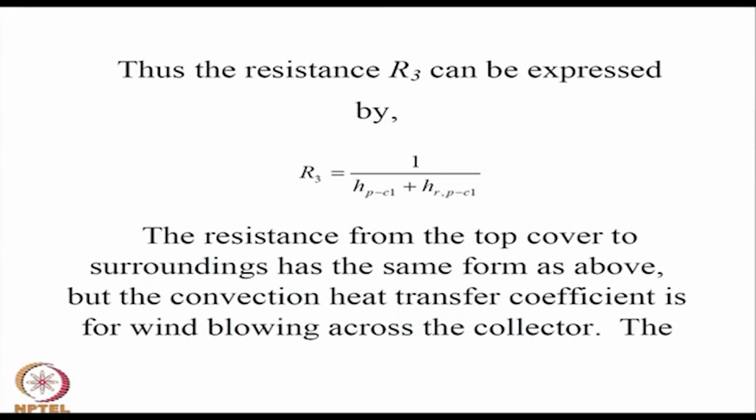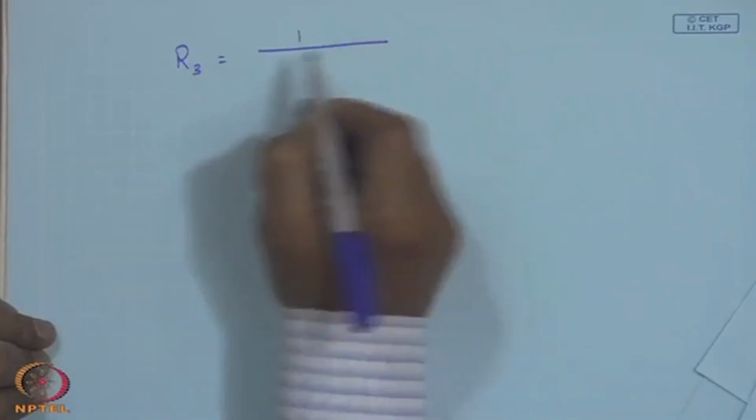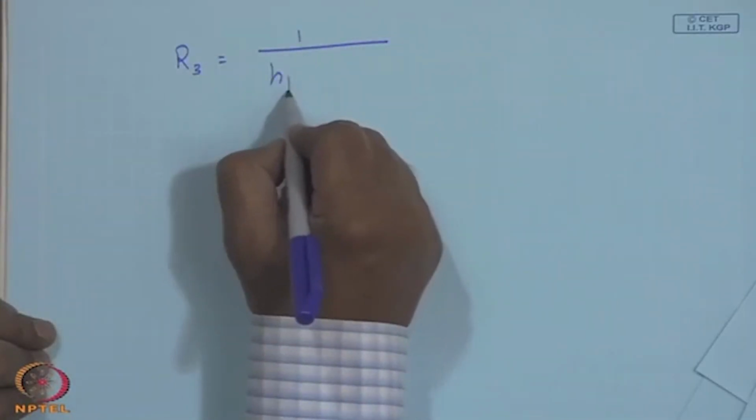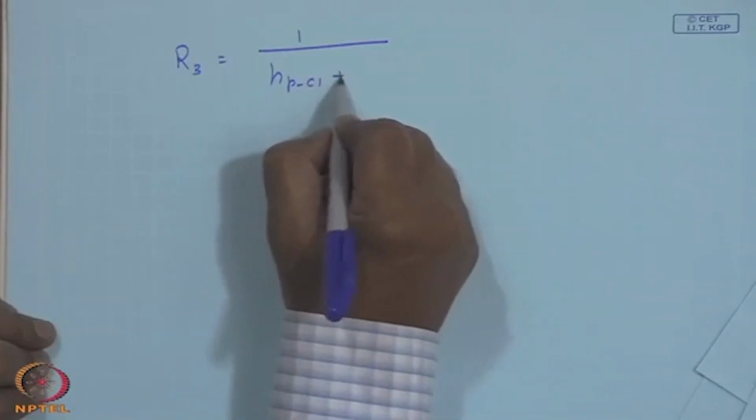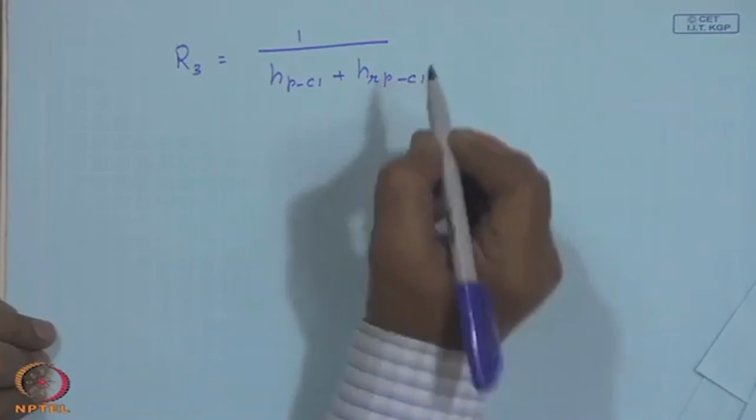So, now my resistance R 3 is given by one upon the summation of the conductances H p C 1 plus H r p C 1.